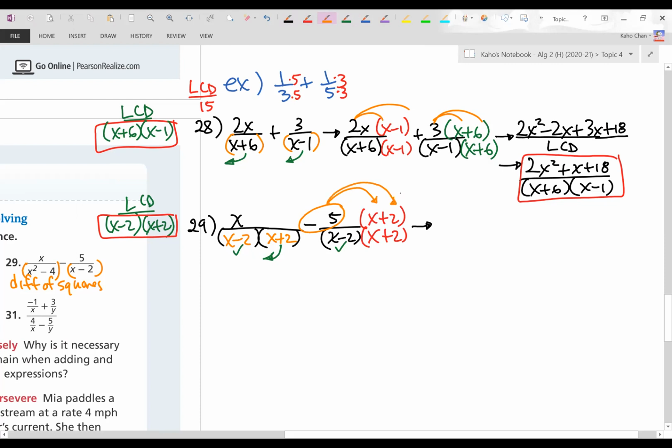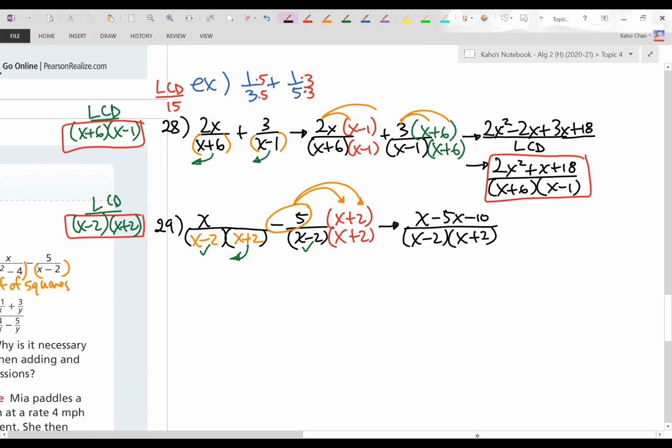So the numerator is x, then we have the distribution, minus 5x minus 10 over the LCD. Clean up the top, the numerator, I'll get negative 4x minus 10 over the LCD.